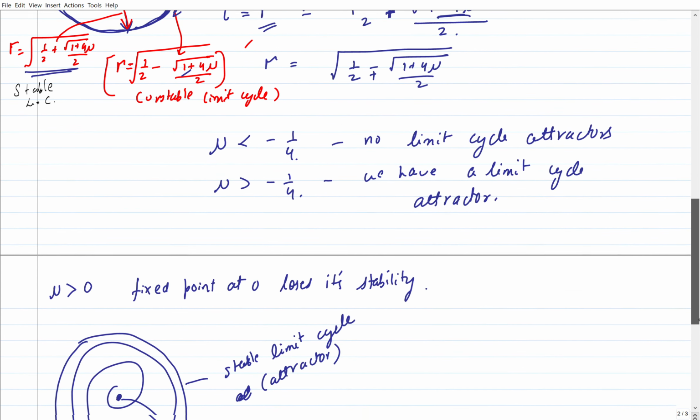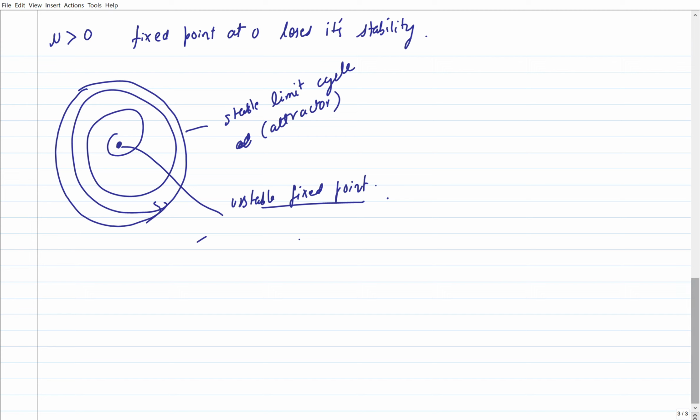So for example, I had the roots of these equations as r square was half plus minus, 1 plus 4 mu upon 2. So this was the thing. So for mu equals to 0, one of the values, r minus, goes to 0 and r plus is whatever it is.